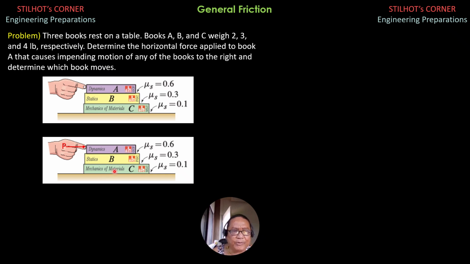The total weight of the books would be 2 plus 3 plus 4, and that's 9 pounds as shown. On the bottom, at this contact surface, we have normal and friction. Since motion is impending, that friction is maximum, mu s times N. Obviously, N is equal to the total weight of the books. So N is 9, and to solve for P, we sum up forces horizontal equals 0.